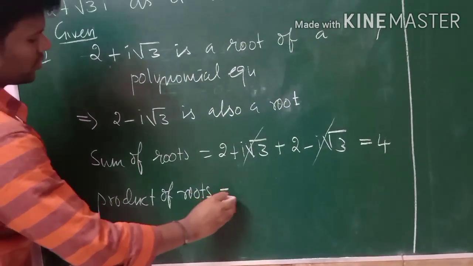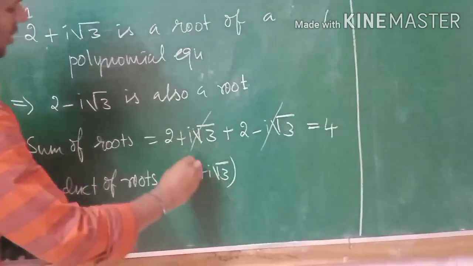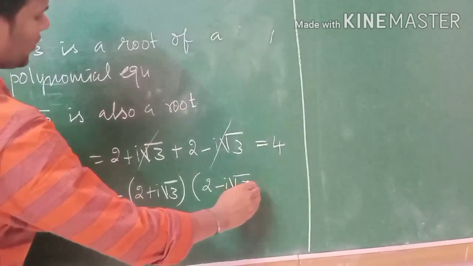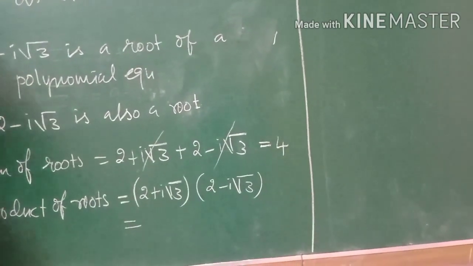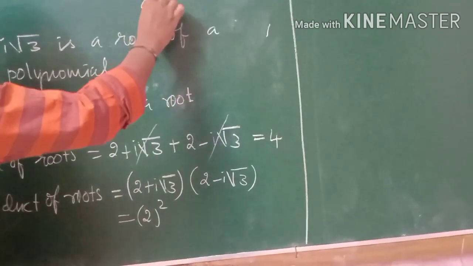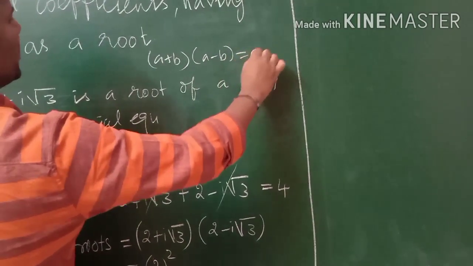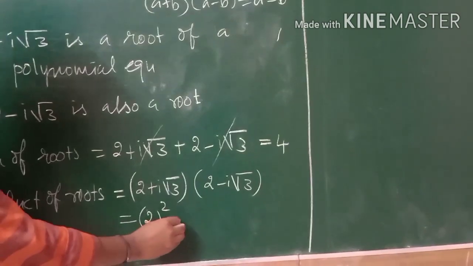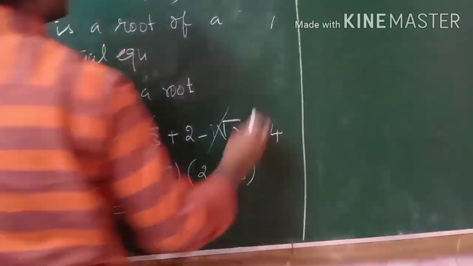Product of roots 2 plus i square root of 3 into 2 minus i square root of 3. It is in the form of what? A plus B into A minus B. So what is A plus B into A minus B? A plus B into A minus B is equal to A square minus B square. So 2 square minus i square root of 3 the whole square.